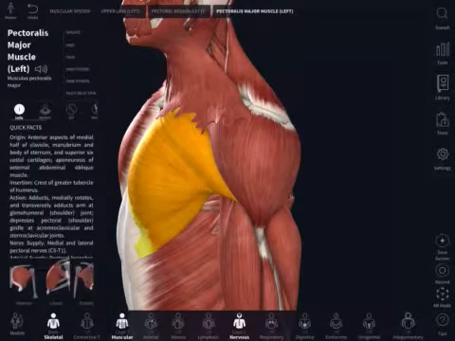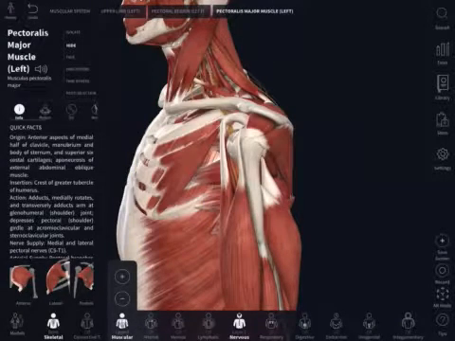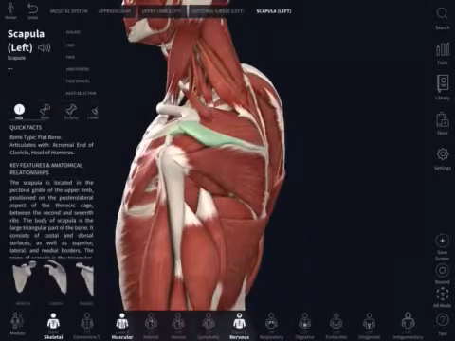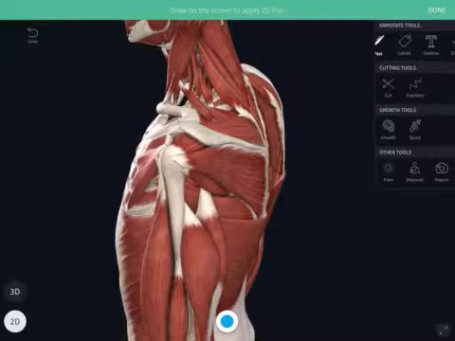Clearly, people who play football and are muscly, they work on pec. So let's take the big one back off so you can see shoulder blade. Pec minor attaches to your shoulder blade, which can make your shoulder blade actually tip forward more than it should.